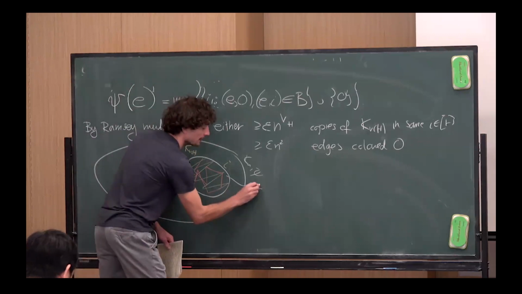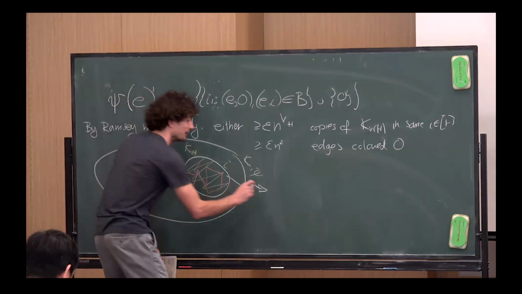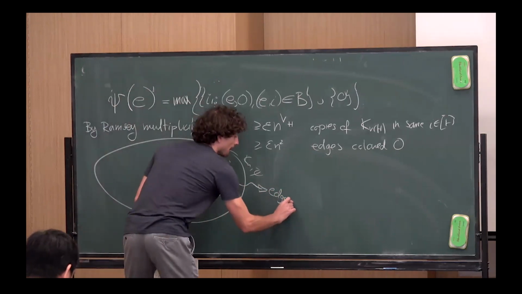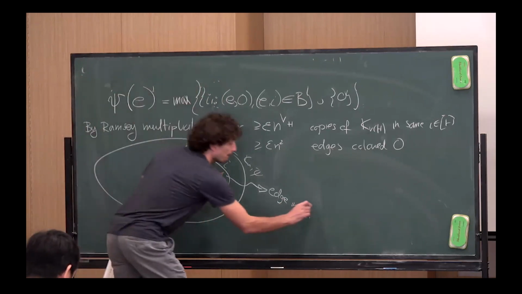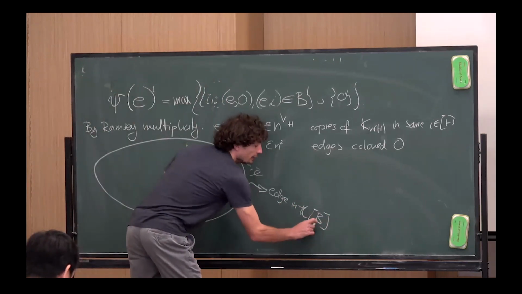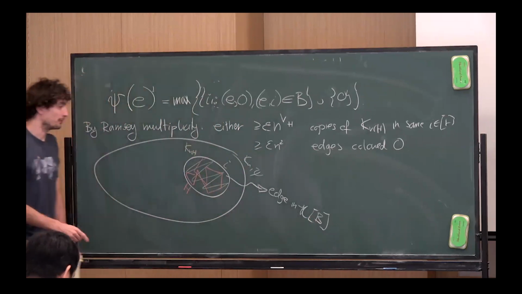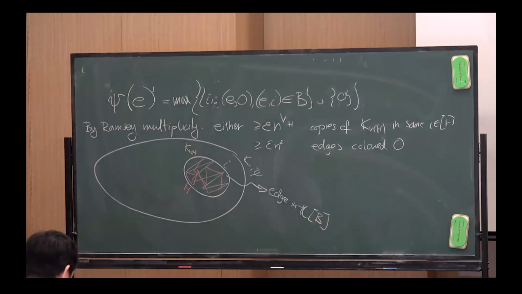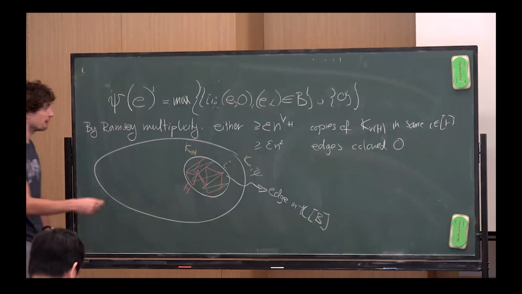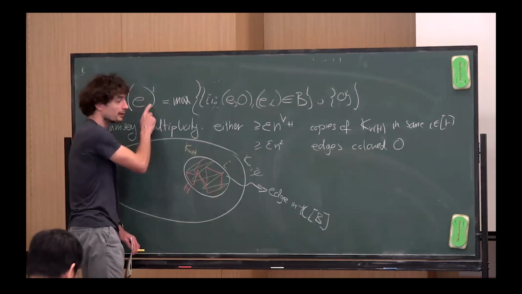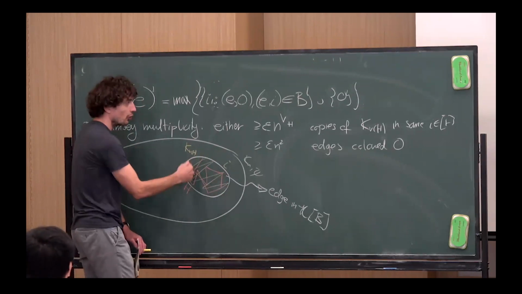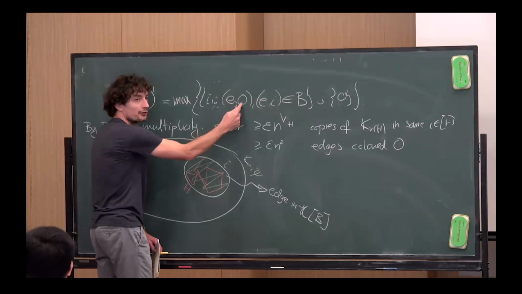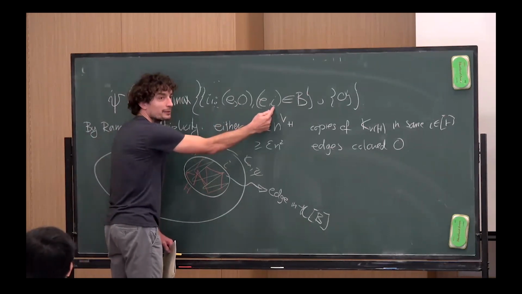Meaning that this way I get an edge in H using only what's available for me in B. Again, if we define this coloring, finding a clique with color I means that on all these edges, both the color 0 and the color I are available.